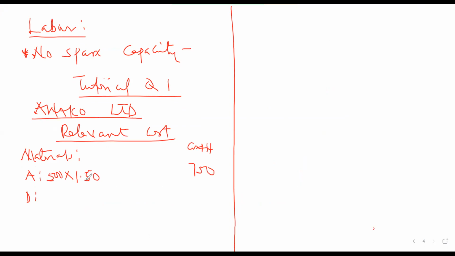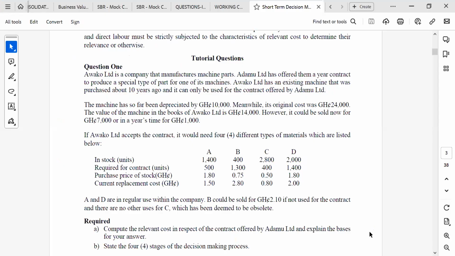You look at the ones that are in regular use. Okay, material D. What is the quantity that we have in stock? 1,400. We have in stock 2,000. Okay, and we need what? 1,400. It means that we can get the 1,400 from the store, isn't it? Yes.